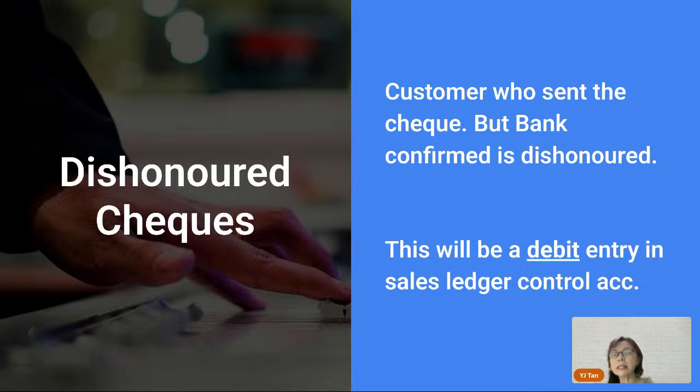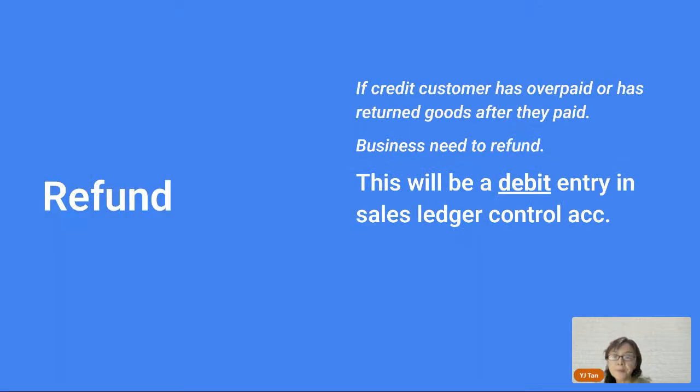Other things that will appear in the sales ledger control account, one of them is a dishonored check. The customer sent the check to you, but the bank says that this is a dishonored check. When you see this kind of transaction, you need to make a debit entry in the sales ledger control account.